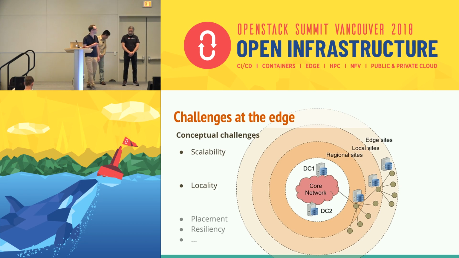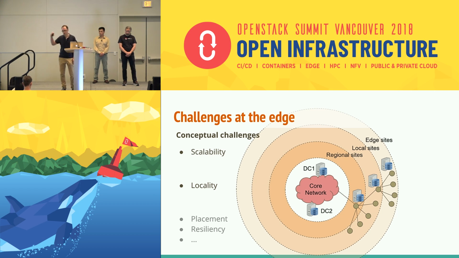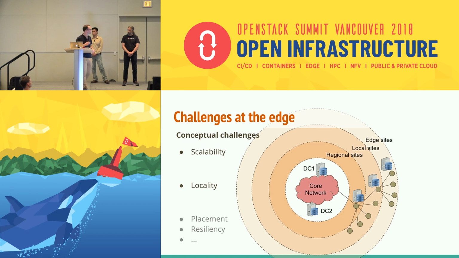So talking about edge. A classical model for edge computing regarding telco infrastructure is something like the one described in the slides here. So you have a bunch of sites that are placed all along the path from the core of the network to the edge of the network.